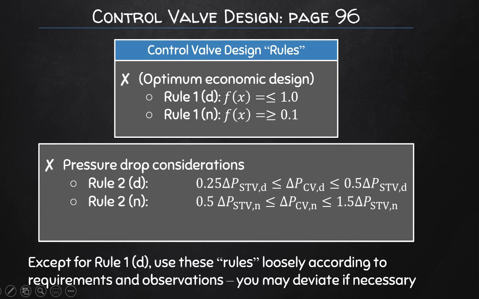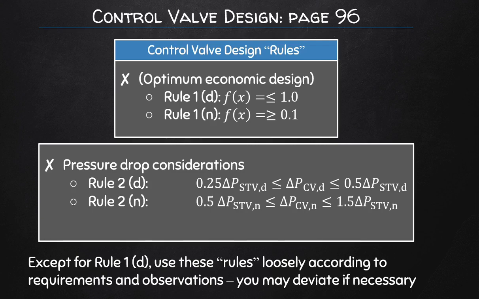Again, just remember that these rules should always be used loosely. So just apply them loosely based on your best engineering judgment. It may be that a rule, for instance, will not hold, and you should try different designs, but you should not use these rules blindly as is.